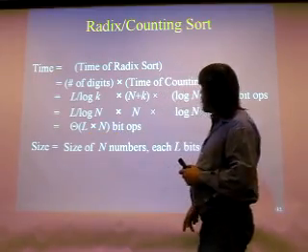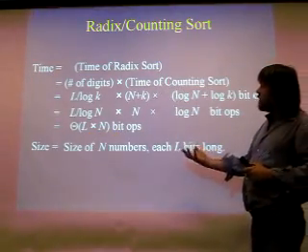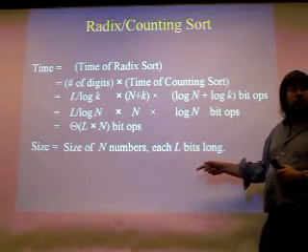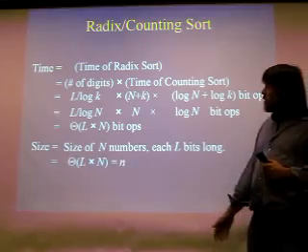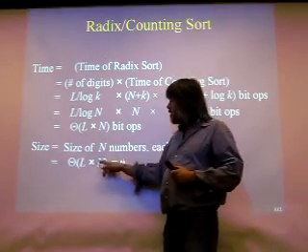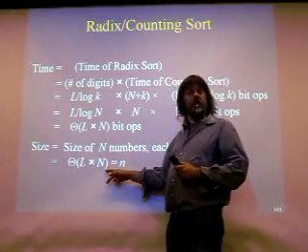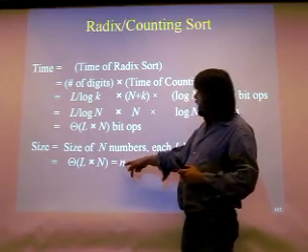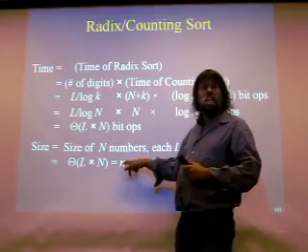And what's the size of the input? Well, you have N numbers, each with L bits, so the size of the input is L times N. We call that the number of bits in the input.